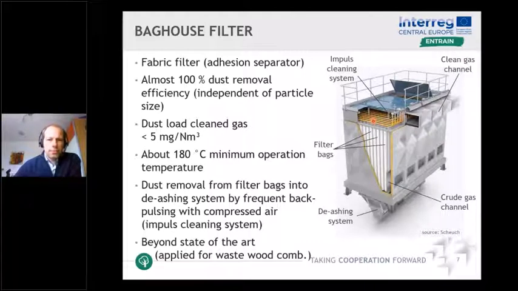With this impulse cleaning system, there's a frequent back pulsing with compressed air, which blows off the filter cake which builds up on the surface again, and then the precipitated dust falls into the bottom section and again into the de-ashing system.